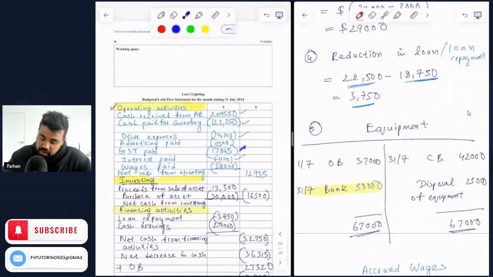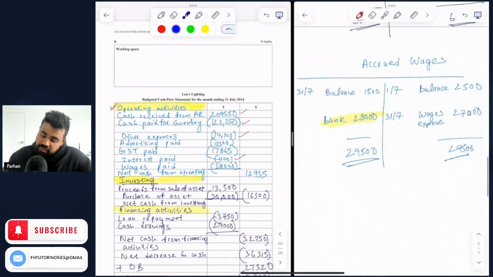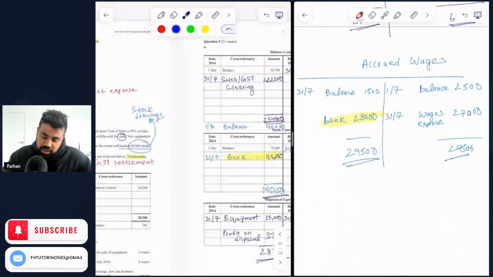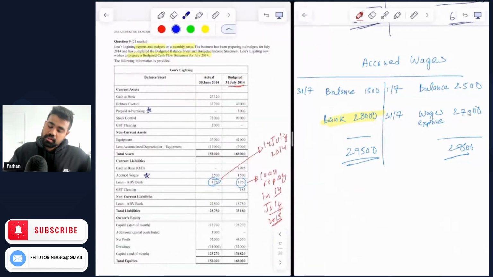In negative, obviously. All right, so we are given accrued wages and we have to prepare the ledger account for accrued wages to calculate how much we have paid in wages. So accrued wages is a current liability account, which means that the opening balance should be on the credit side and the closing balance should be on the debit side. So where do we get these balances from?